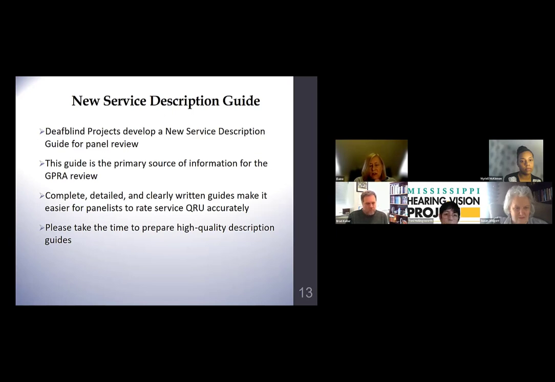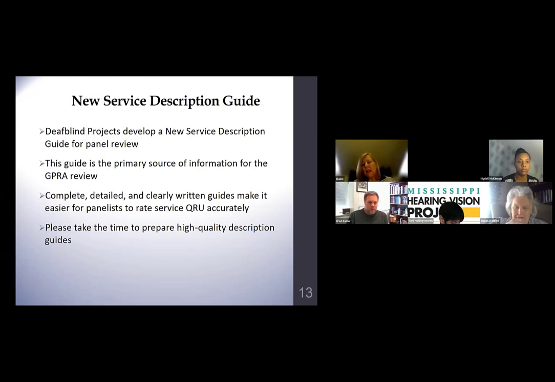The guides are the primary source of information consulted by the expert panel in making their quality, relevance, and usefulness ratings. We do encourage you to submit supporting materials along with the guide, but the guide has to stand alone because the panelists are not required to read through the supplemental materials, even though we feel like they usually do.